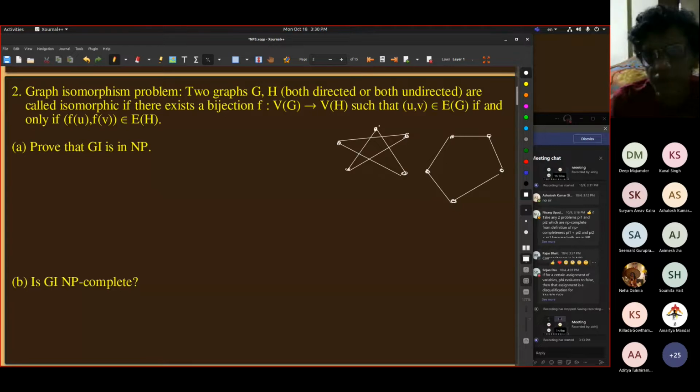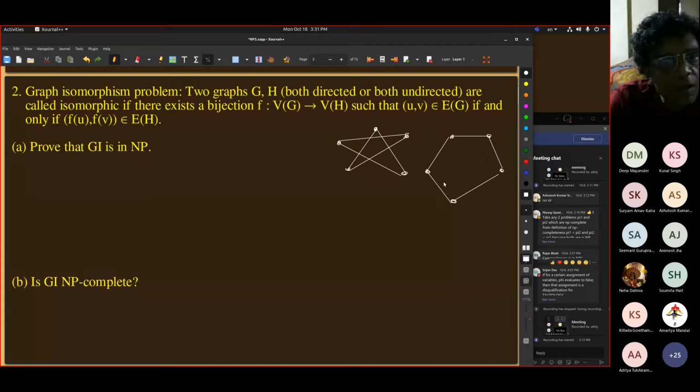They are both 5 cycles. Yes or no? Yes, sir. Okay, so this is called the graph isomorphism problem. On the other hand, if I added some extra edge here, maybe like this, then this graph would become non-isomorphic.